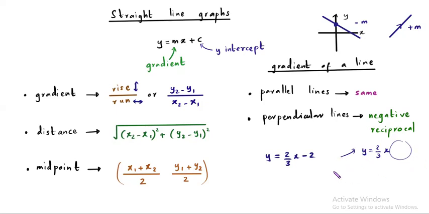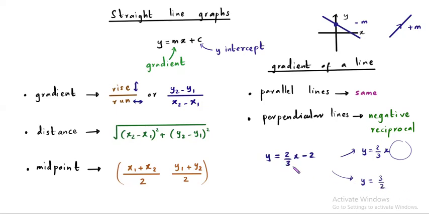But if I'm to find the equation of a line that is perpendicular to this line, the gradient will be the negative reciprocal. Negative reciprocal means that you need to flip the fraction and change its sign. When I flip 2/3, it becomes 3/2.